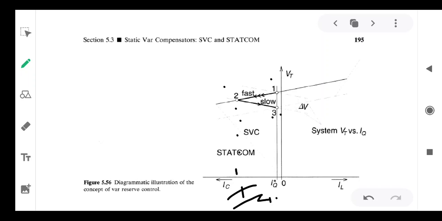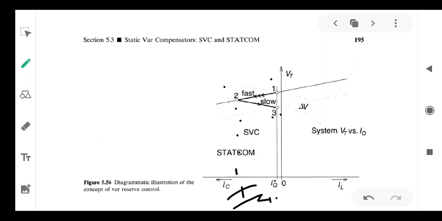When a sudden disturbance occurs, what happens? The fast acting compensator will act as a voltage regulator, and it finds the operating point 2 corresponding to IC1.